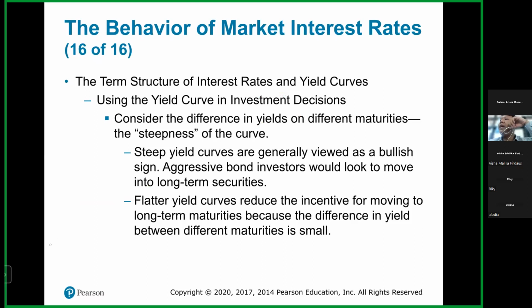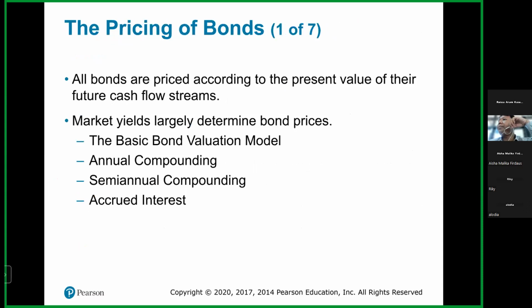So if we have a very steep increase or a decrease, it will make our investors move or invest aggressively because they see a very huge incentive in investing in bonds with different maturities.